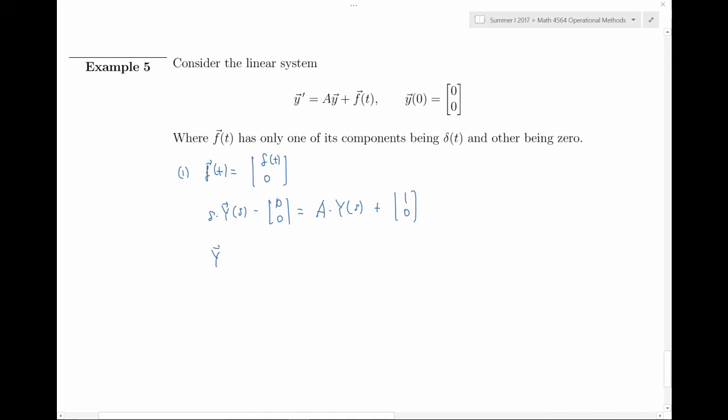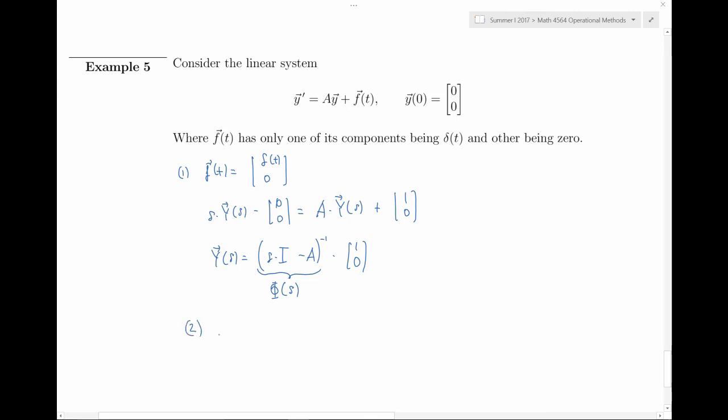Therefore, solving for y of s, we get the inverse of this matrix, which is what we call the system transfer function for the system of linear differential equations, multiplied by 1, 0. This multiplication will give us the first column of the system transfer function.